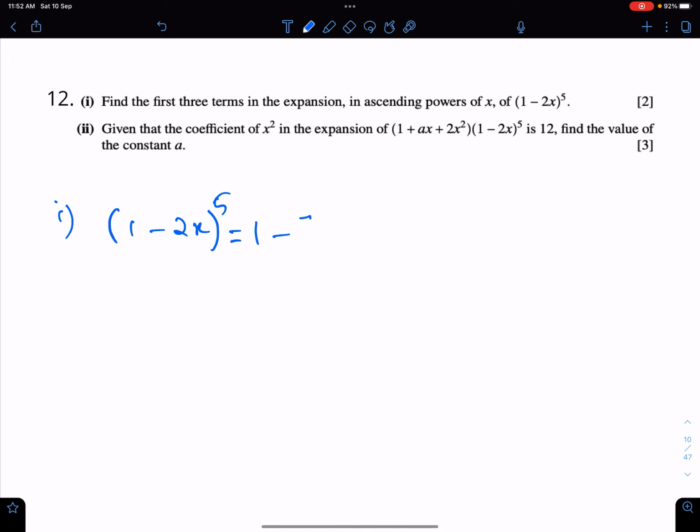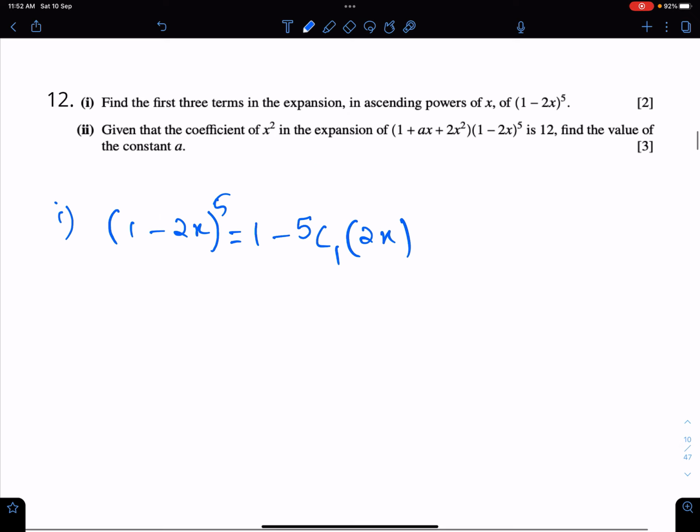So 1 minus 5C1, 2x. Take positive 2x here. So 5C2, 2x to the power 2. That's it. We need the first three terms. This is the first term, this is the second term, and this is the third term.